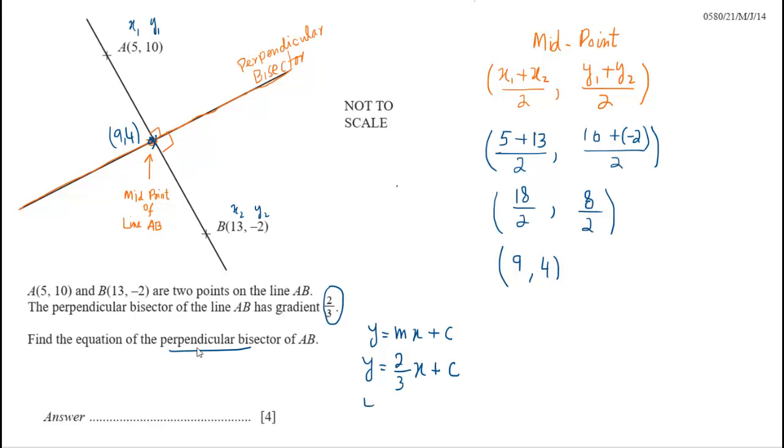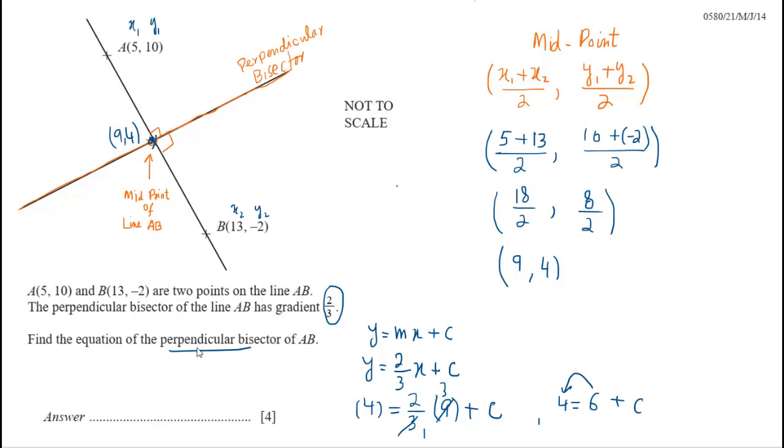So we put 4 in y, 2 over 3, x is 9, plus c. Using the calculator, it is 4 equals 6 plus c.